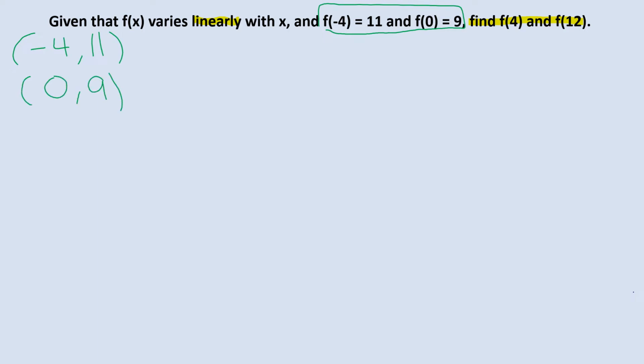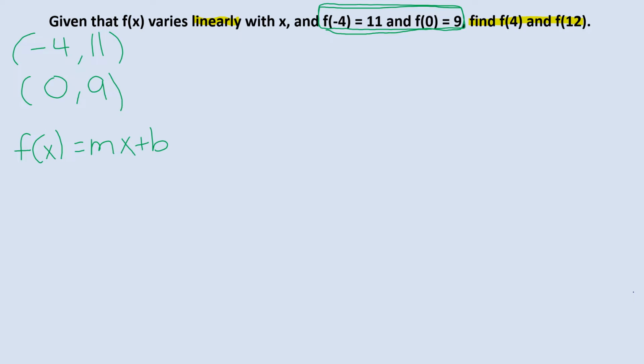We also know that it varies linearly, which means we are going to use f of x equals mx plus b. So we first want to find the equation that would fit these 2 ordered pairs, and then we are going to plug 4 and 12 into that equation.